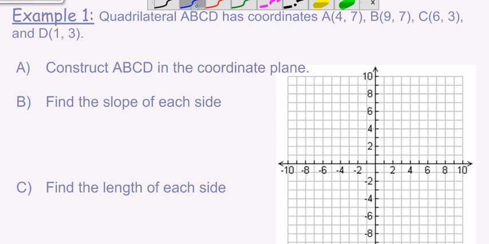I have, let's do green, 4, 7, that's my A. And I have 9, 7, B. 6, 3, C. And 1, 3, D.